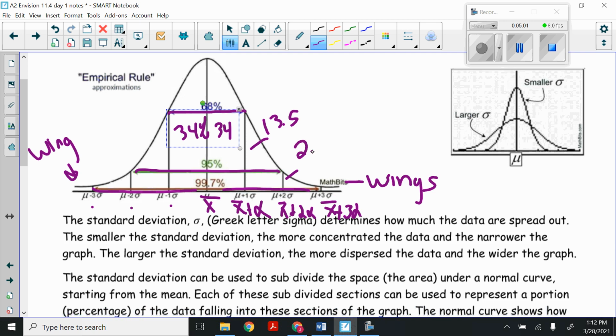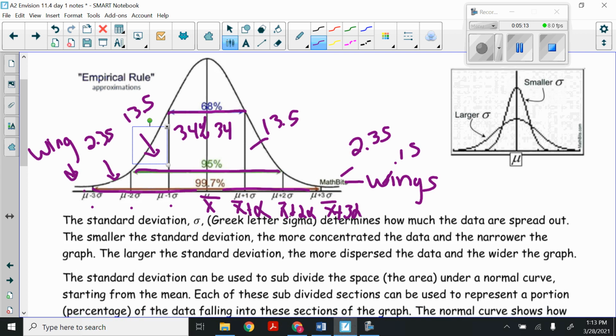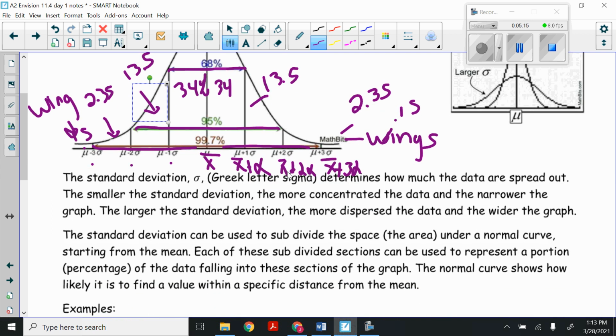Our next one are 2.35, and our wings out here at 0.15. Same going this direction. And again, you need to memorize these numbers: 34, 13.5, 2.35, and then the 0.15 out at the wing.